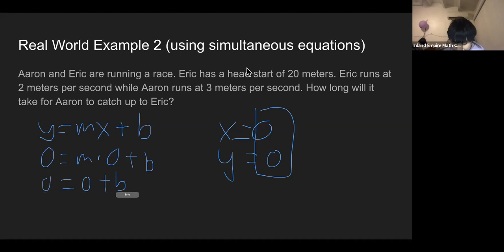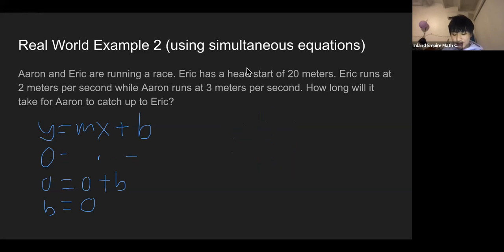What this means is that b has to equal 0, right? Because there's no other number you can add to 0 to get 0. That's a lot of saying 0. It doesn't sound like a word anymore, but that's essentially how you figure out what b is. So if b equals 0, we can just act like b doesn't exist.